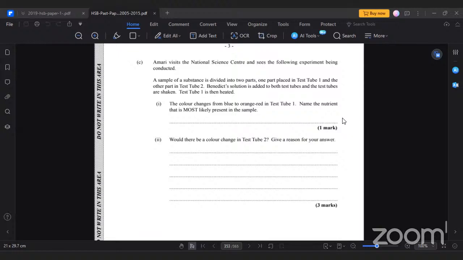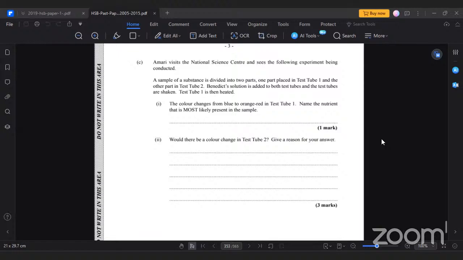All right, now the color change from blue to orange red in test tube 1. Name the nutrient that is most likely present in the sample. Now, the nutrient that is most likely present is glucose, a simple sugar, glucose or fructose.